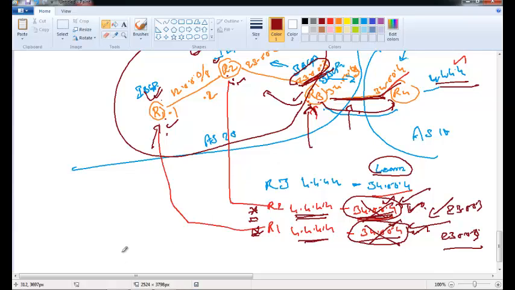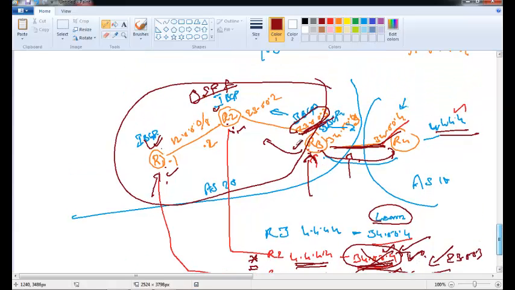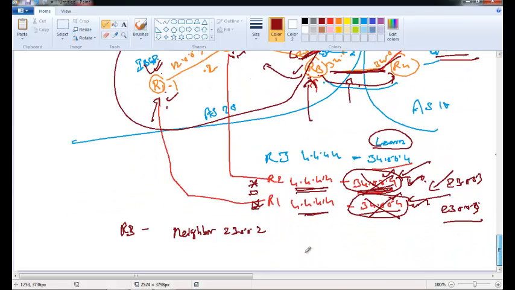We need to go to router 3, and under the BGP we need to say neighbor router 2's address, 23.0.0.2. This is router 2's address. To this neighbor, I myself am the next hop. Next hop self.